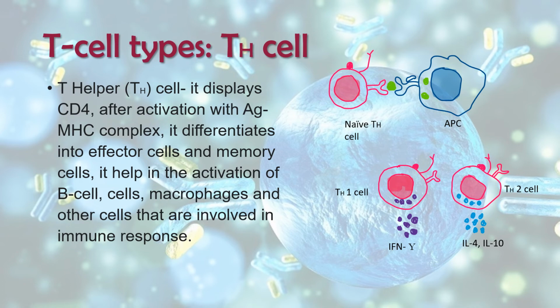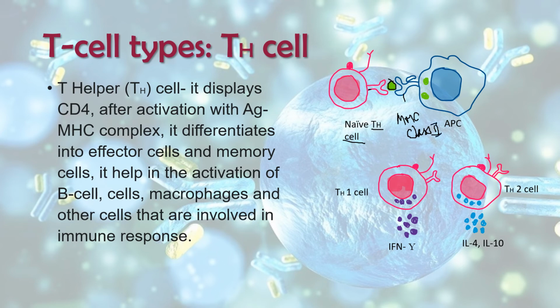So let's talk about the TH cell or helper T cell. This is our naive TH cell, which is unprimed, that is, before introduction to antigen. Once the TCR is introduced to the antigen that is bound with the MHC molecule, this MHC molecule is MHC class 2.